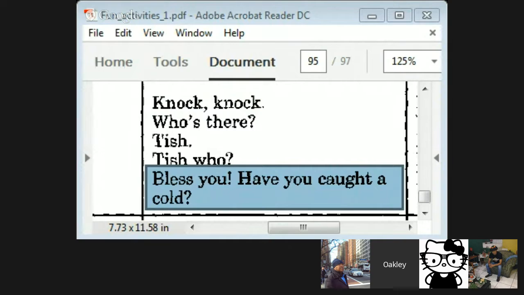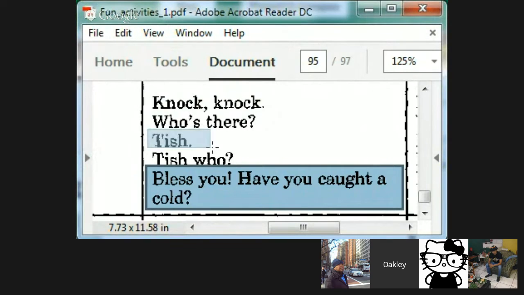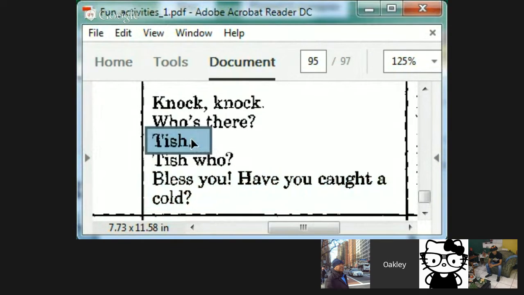And in English, by the way, it is common, polite behavior if somebody sneezes, anybody, a stranger on the subway, doesn't matter who it is, to say bless you afterwards. So there you go. Tish, again with the joke part, is a common nickname. Heidi, do you know what Tish is a nickname for?